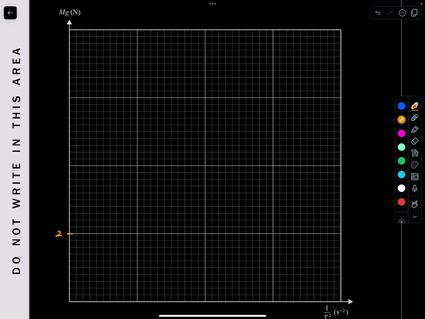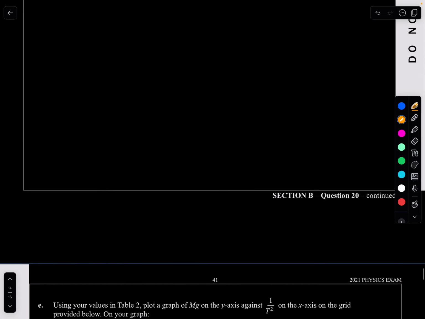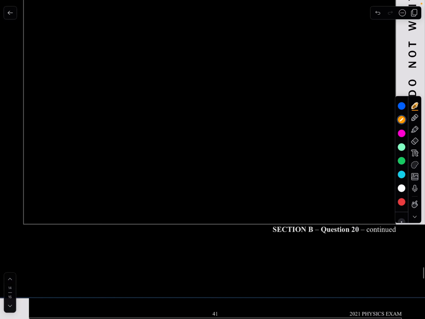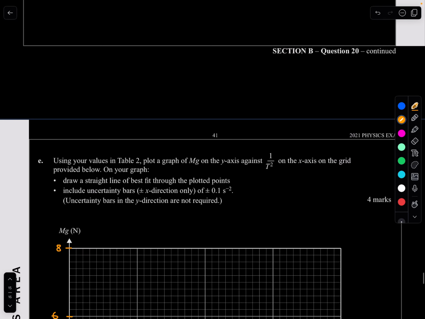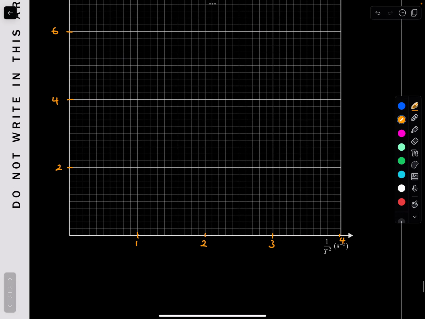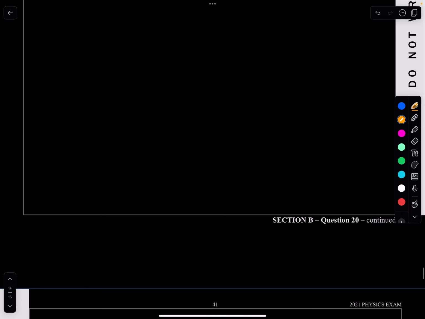And for 1 over T squared, it goes max to 3.7, so we can go by ones: 1, 2, 3, 4. Beautiful. And let's now plot those points.